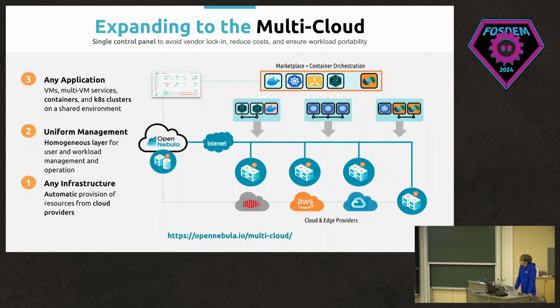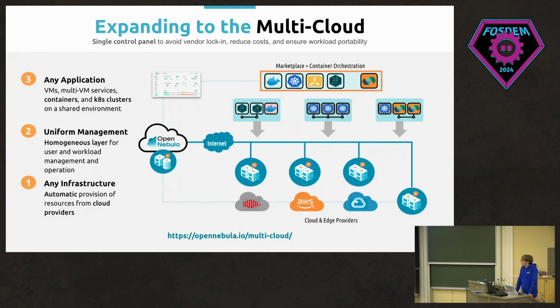Finally, one of the most important features of OpenNebula is the possibility to expand your cloud to the multi-cloud or to the hybrid cloud. You can create on-demand resources on the edge, in Amazon, Google Cloud, Equinix, just by clicking a button, or automatically if you configure that. So you can migrate workloads from your on-premise data center to an edge data center or the public cloud in a very straightforward way.